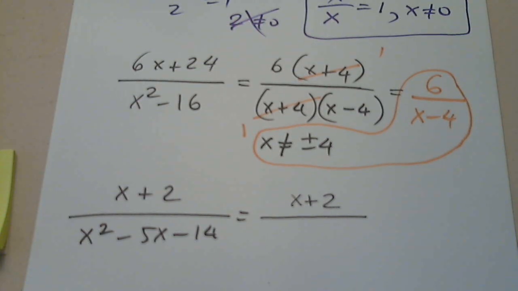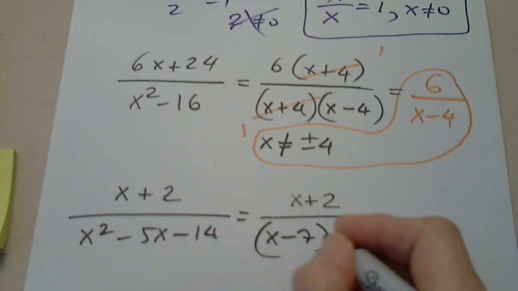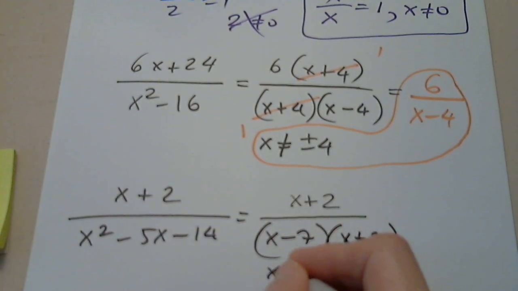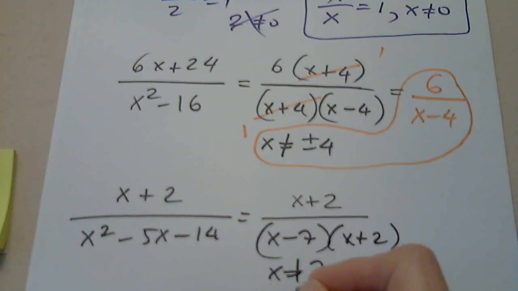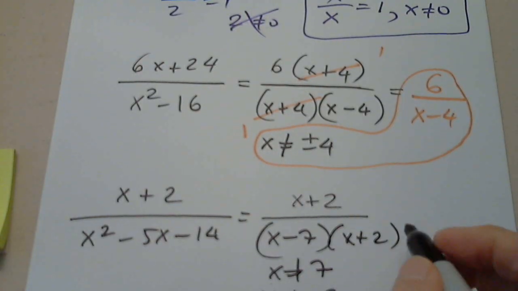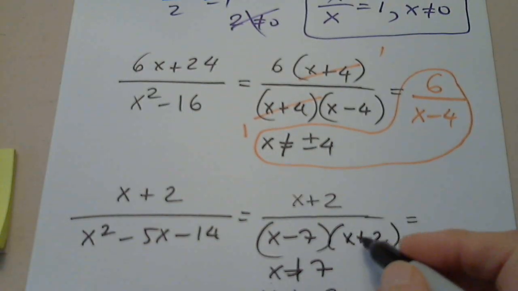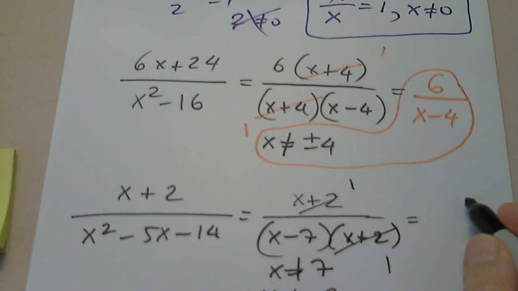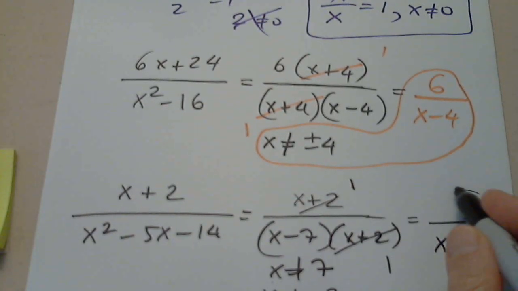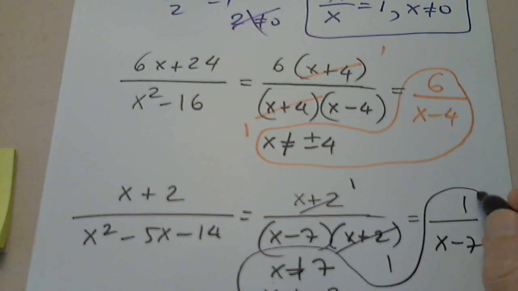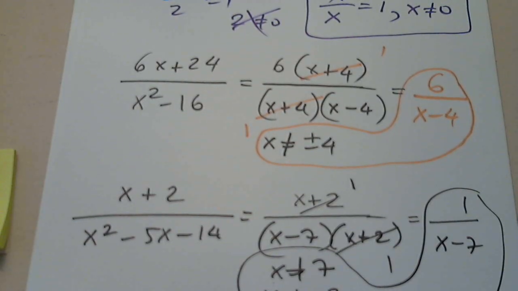Like 7 and 2. So the denominator is x minus 7 and x plus 2. I have to state that x cannot equal 7 and x cannot equal negative 2. I cannot continue before I state the restrictions. And now I'm allowed to simplify, and I do get 1 over x minus 7, only if x does not equal 7 and x does not equal negative 2.